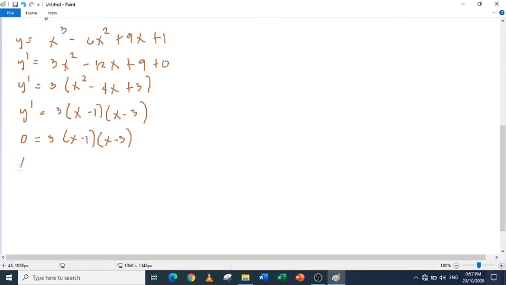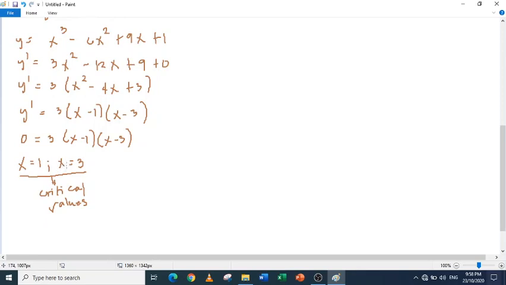And then the roots are x equals 1 and then x equals 3. So, these values are called the critical values. Okay? And then at the same time, these values are either the maximum value or the minimum value.